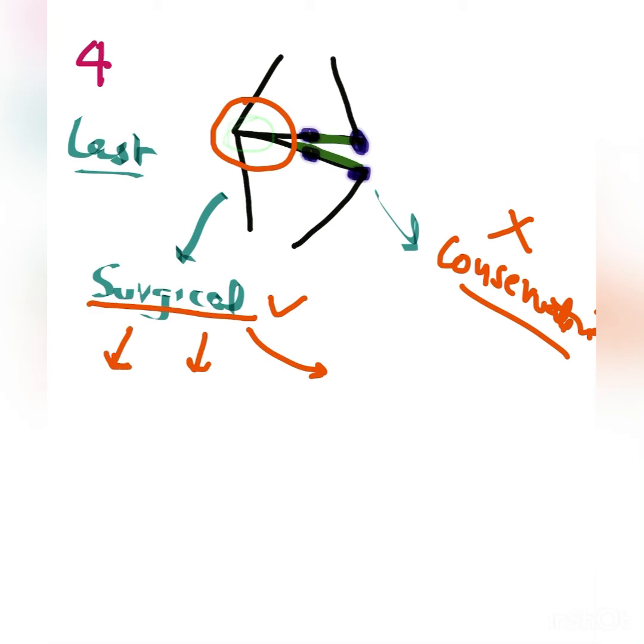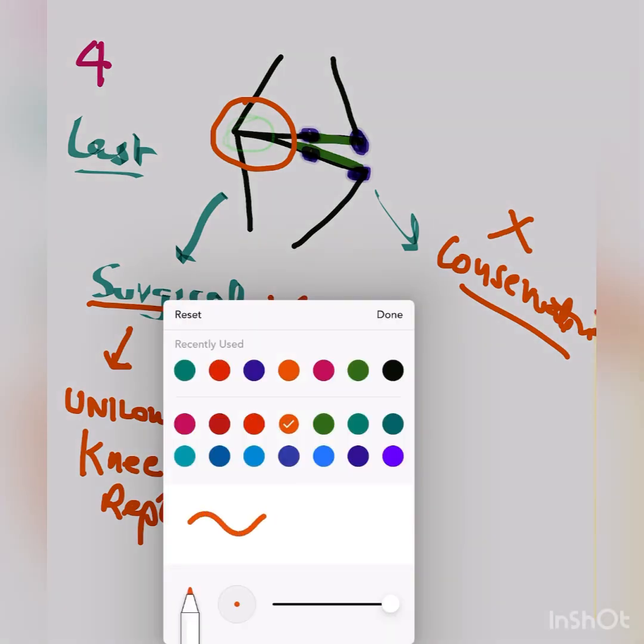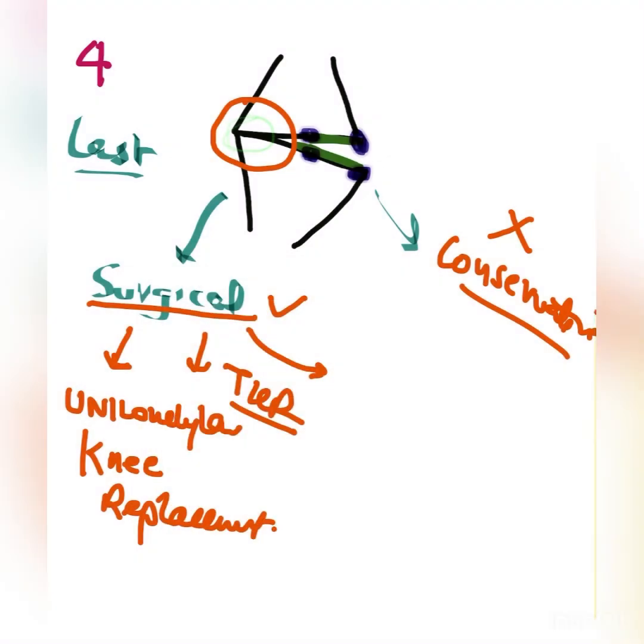It can be treated with a unicondylar knee replacement. It can be treated with a total knee replacement, called TKR, or it can also be treated with a non-joint involving procedure, which cuts the bone at a different angle and changes the angle.